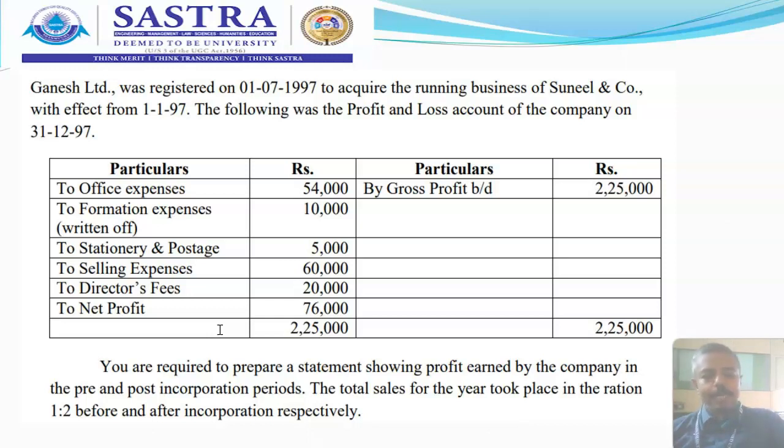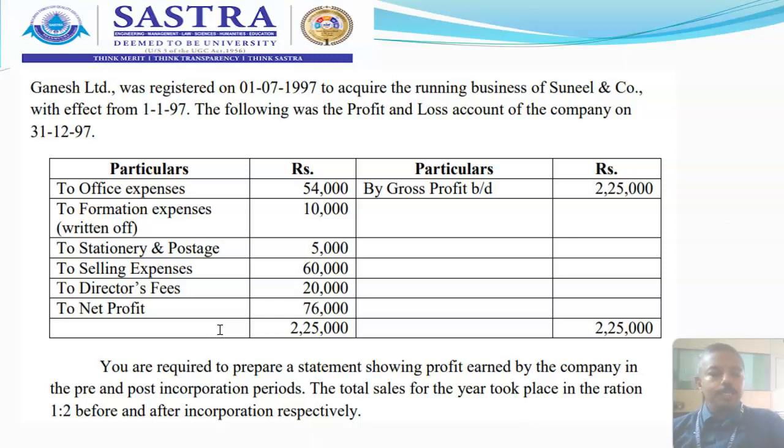I was explaining in the previous lecture on what basis the time ratio is used. The time ratio is used for the expenses or income which carry based on the period, which have the nature of fixed charges or fixed expenses, which used to be made based on months or weeks, based on some period, based on time.